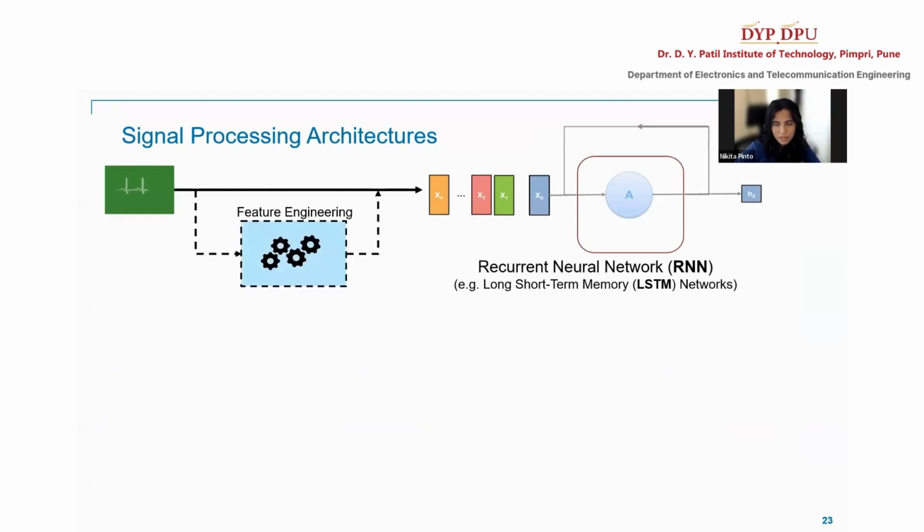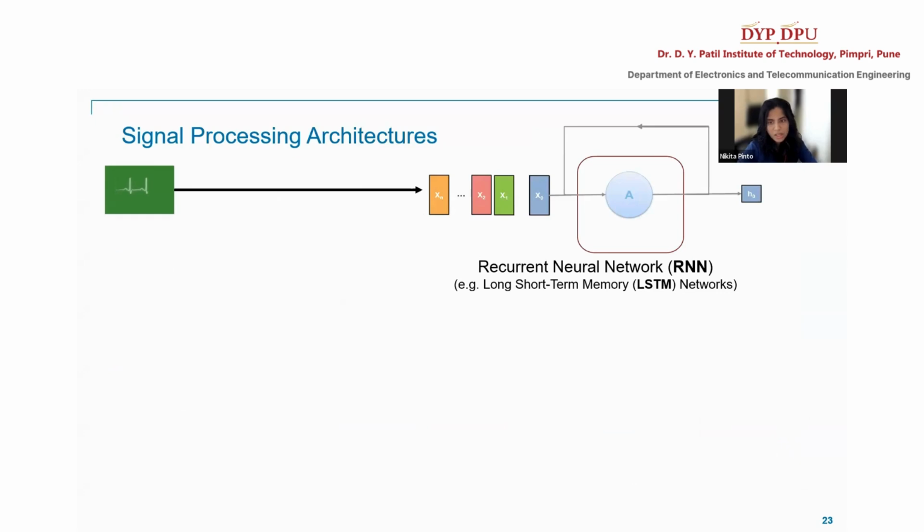Okay. So when it comes to deep learning for signals, there are some architectures like RNNs and LSTMs that we can use.